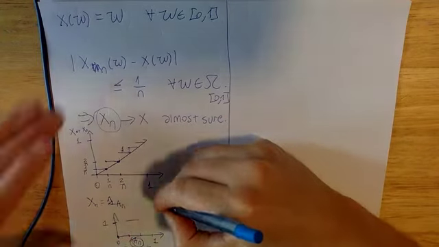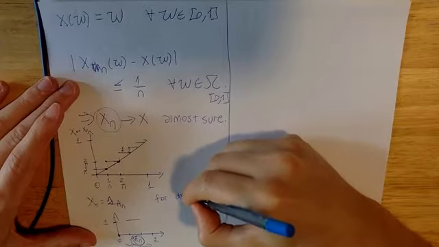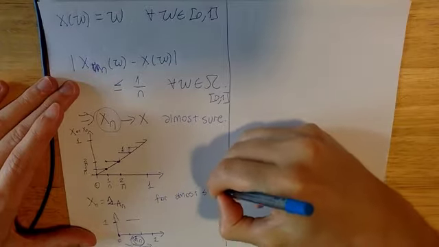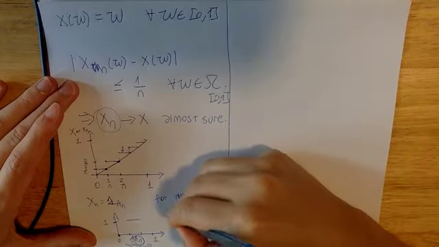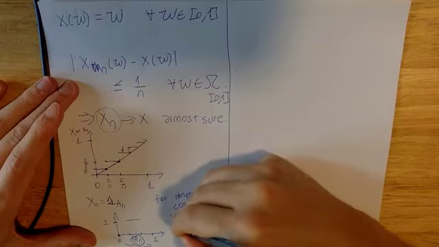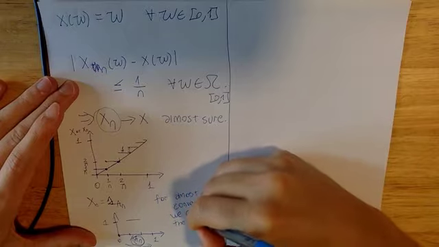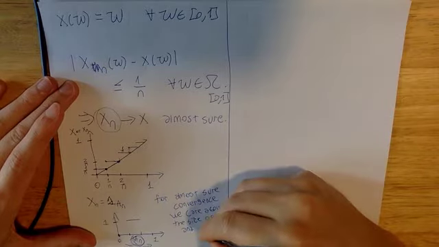Okay, we care for almost sure convergence about the size of an and its position.